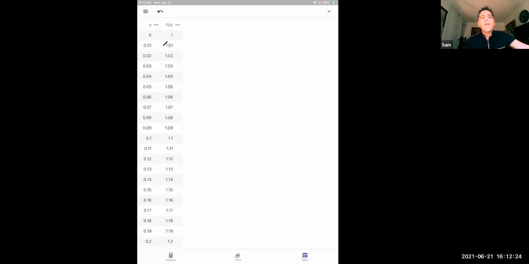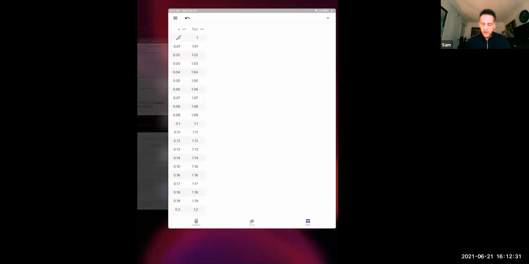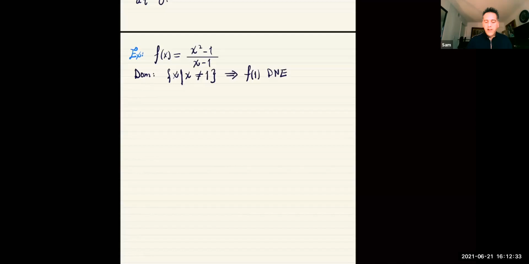Okay, so table of values. Here we have when x is 0, the value of the function is 1. You just basically plug values into the function, right? So if I plug 0 here, I get -1 over -1, which is equal to 1.